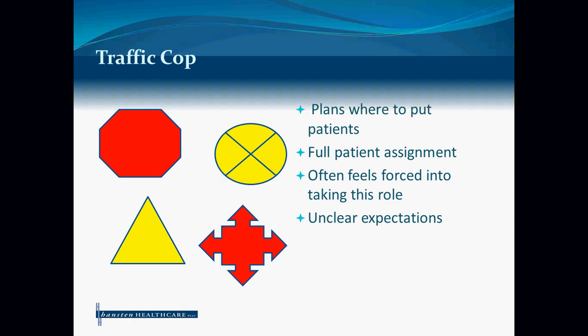And so it may be really unclear, because other people might float onto the floor and say, hey, on my floor, I expect the charge nurse to do my admissions until I can get there, or discharge my patients and call physicians for me, and they're not able to do it because they've got that full patient assignment. Okay, so traffic cop is one iteration of what a charge nurse role can look like.